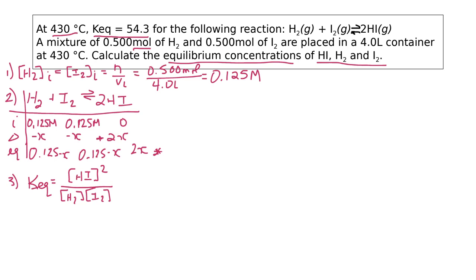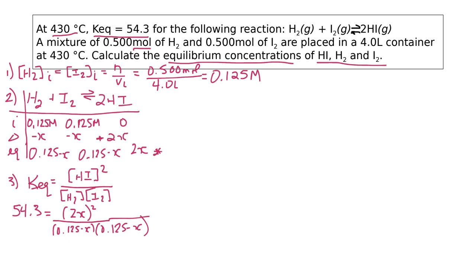So what we're going to do is sub everything in that last line into the expression. We have 54.3 as my KEQ value, and then HI at equilibrium is equal to 2x, and then I square that. And then I'm going to divide by 0.125 minus x for hydrogen, times 0.125 minus x for iodine.